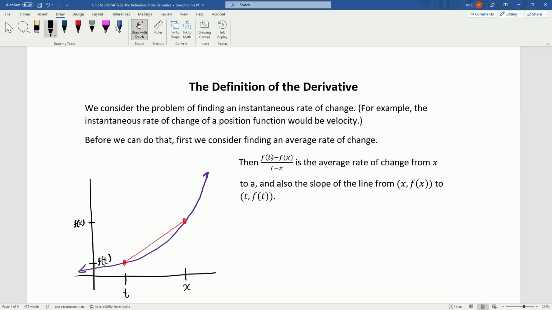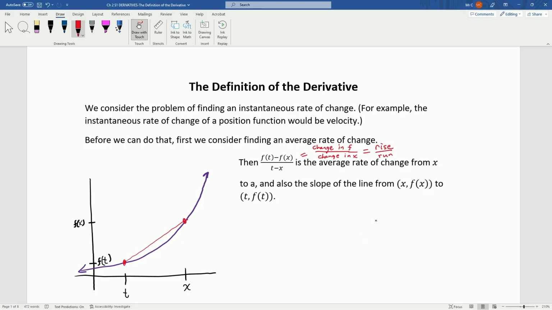So when we look at this f of t minus f of x over t minus x, this is the change in f divided by the change in x, which is exactly what we mean when we say average rate of change from x to t. Now, we can also think of this as rise over run. It's the change in y over the change in x.